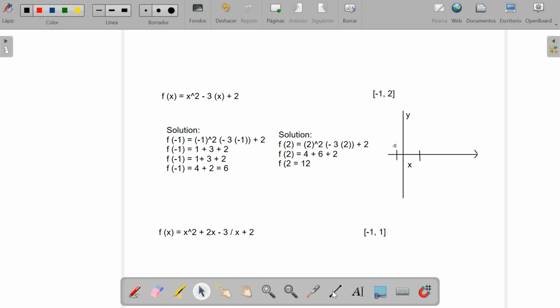But what is positive is good that you write down at least as much as you can. For example, 1, 2, 3, 4, 5, 6, 7, 8, 9, 10, 11, 12. Let's say that the 12 is here.